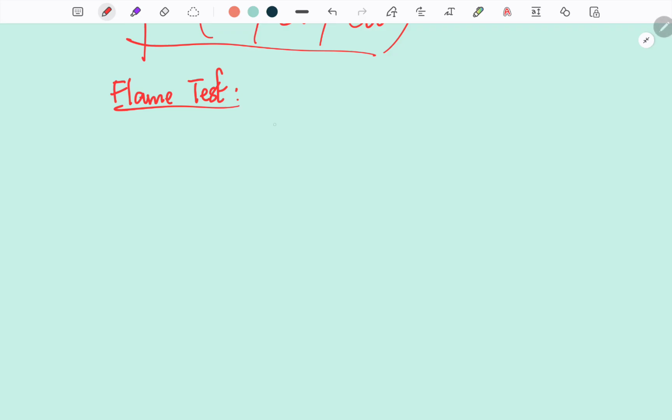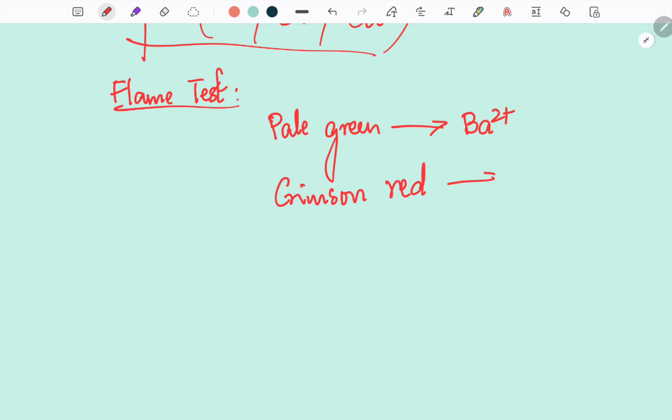Now, if your flame turns pale green in color, that means the cation is barium. If a crimson red color is imparted to the flame, then strontium is your cation. And if a brick red color is imparted to the flame, that means calcium is your cation.